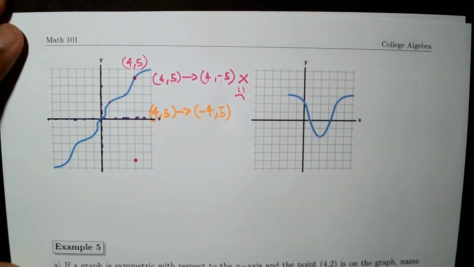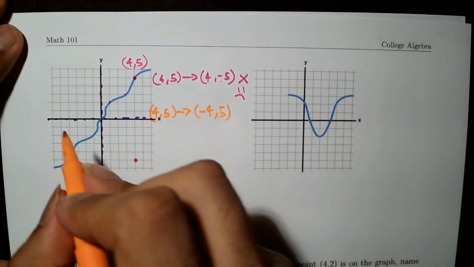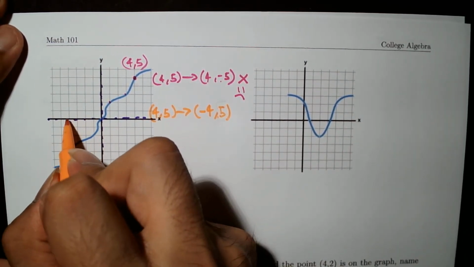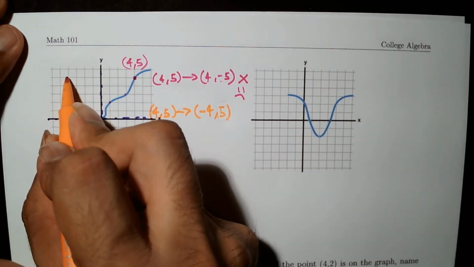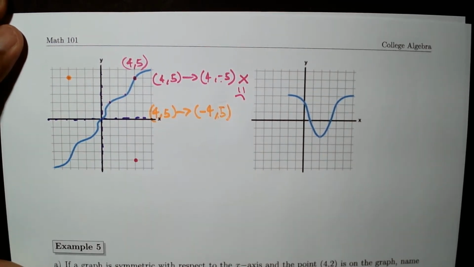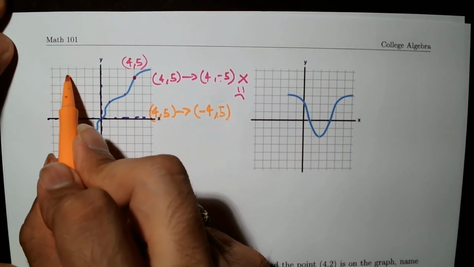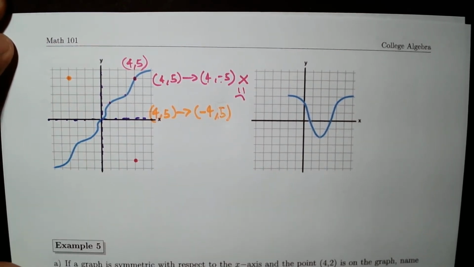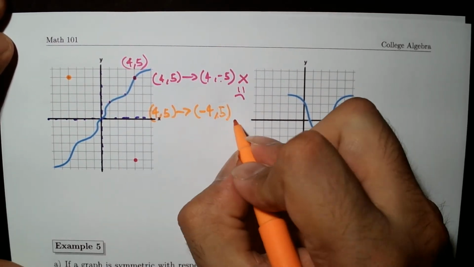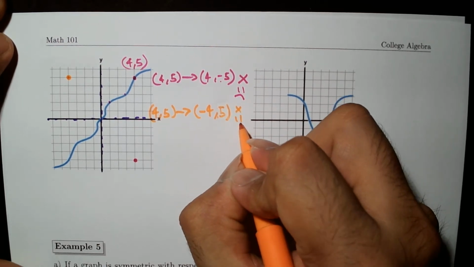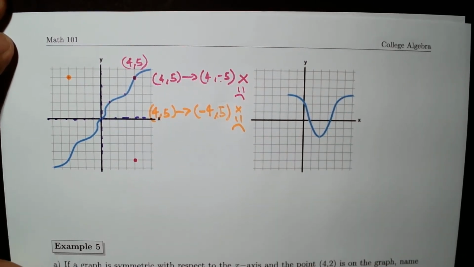Okay, 4 comma 5, negative 4 comma 5. So I'm going to go negative 4, and up 5. And if you notice, the point is in the middle of nowhere. So this is going to fail as well to be symmetric about the y-axis.